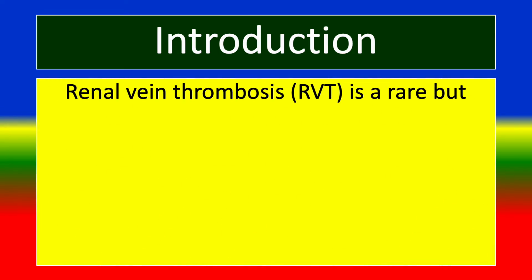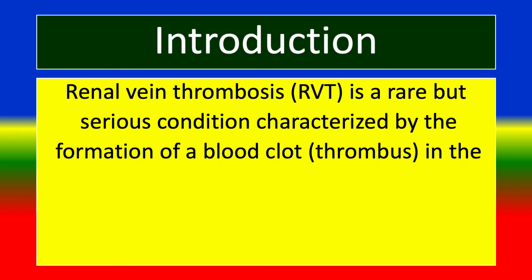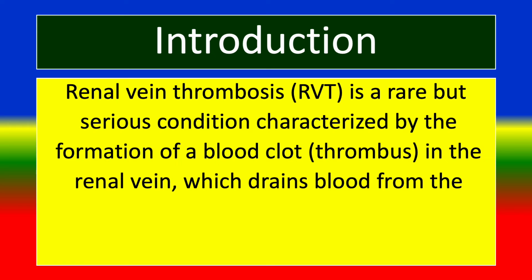Renal vein thrombosis is a rare but serious condition characterized by the formation of a blood clot, thrombus, in the renal vein, which drains blood from the kidney.